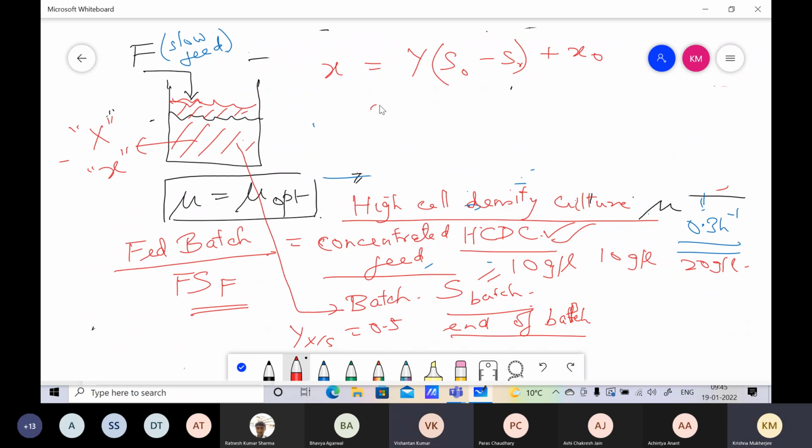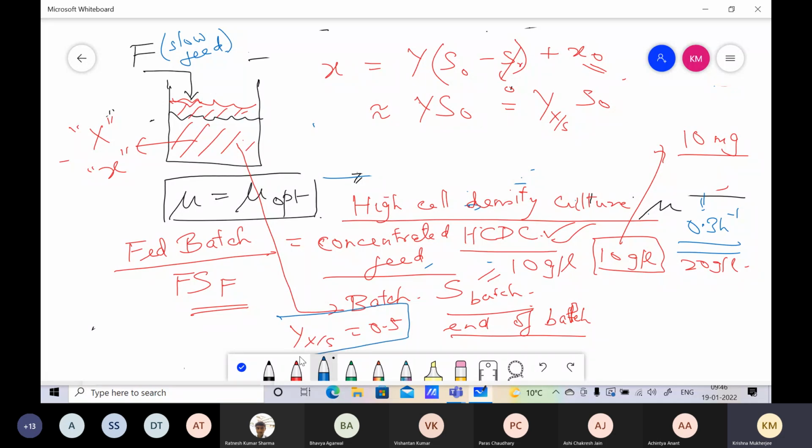Now let us assume that this is approximately equal to Y S naught. If the residual becomes negligible, you started with 10 grams and let us say it ended at 10 milligrams, then 10 grams minus 10 milligrams is 10 grams, and let us say that the inoculum size is also very small, so it is equal to Y S naught. So let us say it is equal to Y X by S into S naught, where suppose Y X by S is, let us say, 0.5.